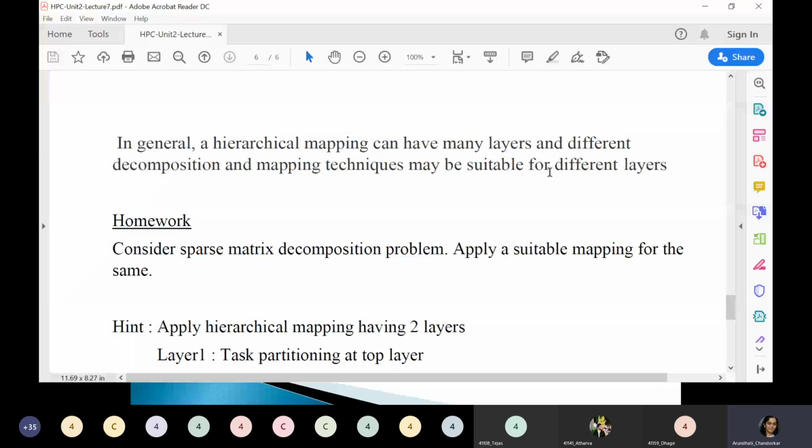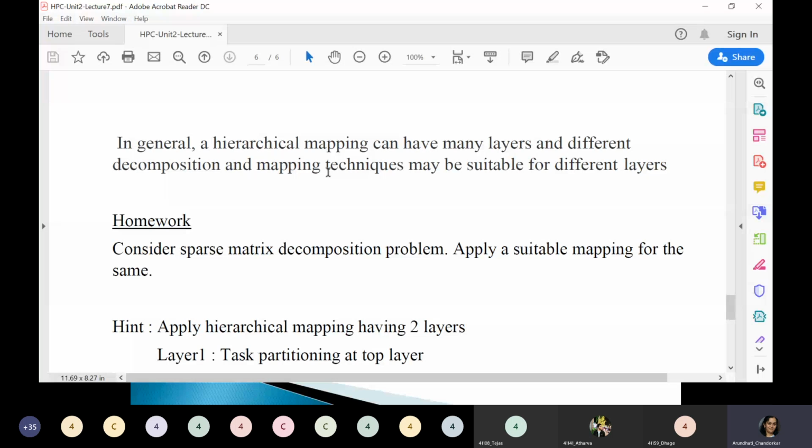You can have n number of layers as per the problem definition or scenario, and you have the flexibility to combine n number of techniques. Like the composite and hybrid decomposition we had seen, where we are clubbing, that flexibility is given in hierarchical. So it is layer-wise.